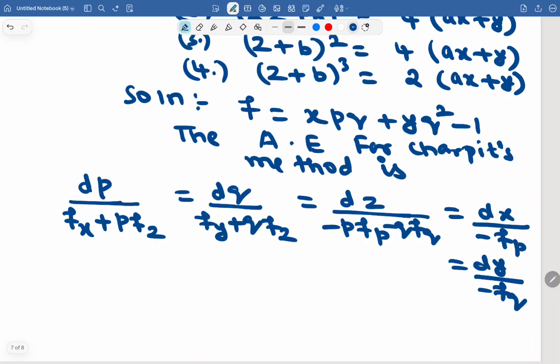This is the actual equation if you apply Charpit's method.